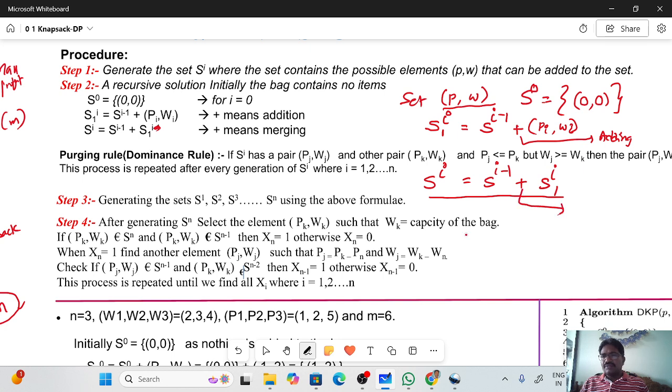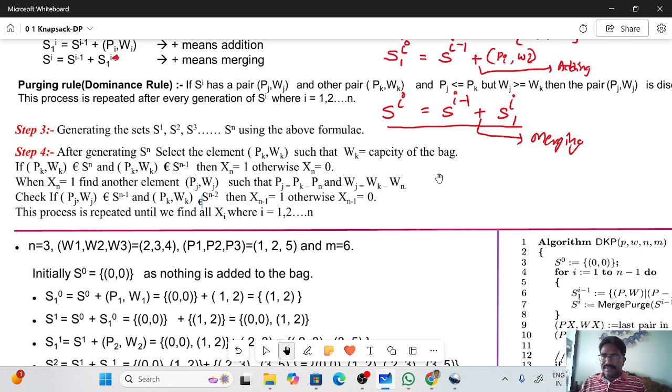Here plus indicates merging: the previous set is merged with the set obtained after adding the present item's weight and profit. Once you merge, you get the sets with the ith item. If i is the last item, then we have found all the sets. While finding the sets, we want to observe two things. The first is the weight in a pair: it must be less than or equal to the knapsack capacity.